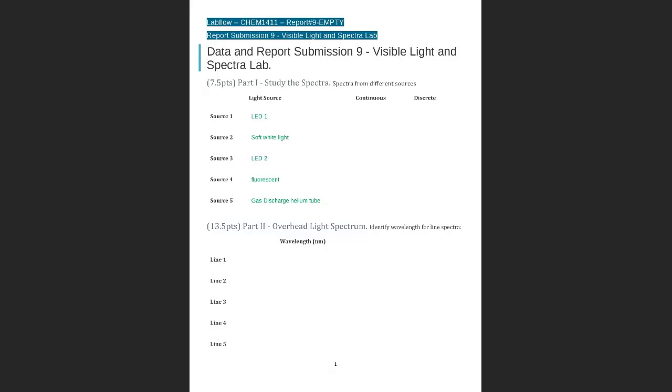So in order to do that, let's look first at the sample data that you will have to look at. For part 1, right here, you will look at source 1. Everybody knows this red LED light.